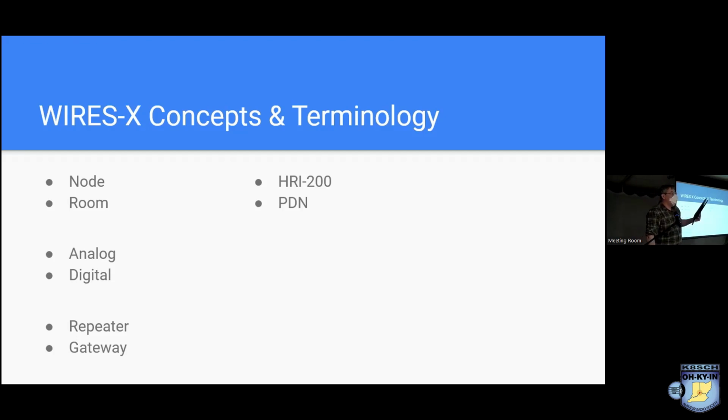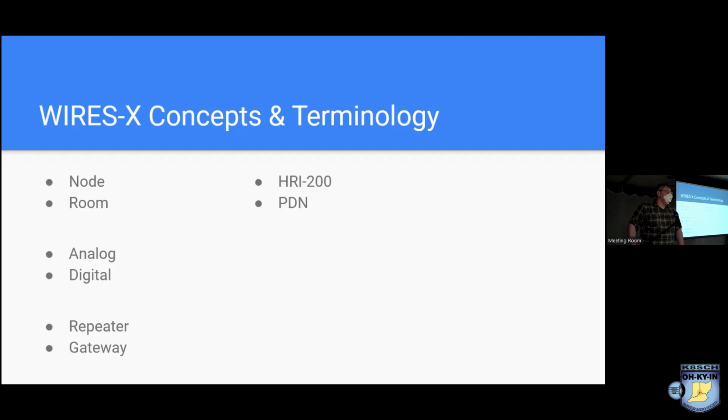Now, there's another term here. Some of you may be familiar with PDN, which is a portable digital node. That came about a little bit later in the Wires X history. And that allows you, with a specific cable, like an SCU20 cable, to connect certain Yaesu radios directly to a USB port on your computer. And this is a digital only choice.